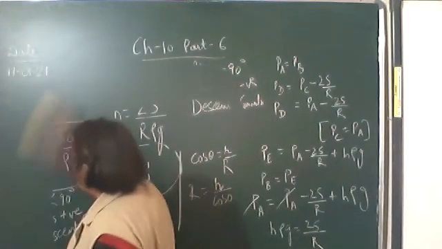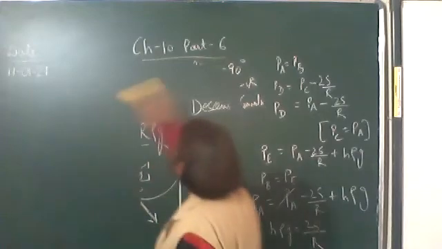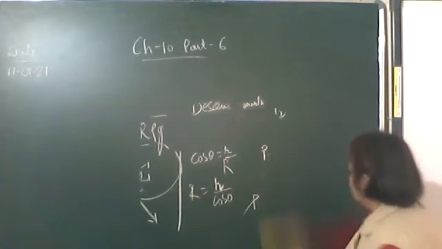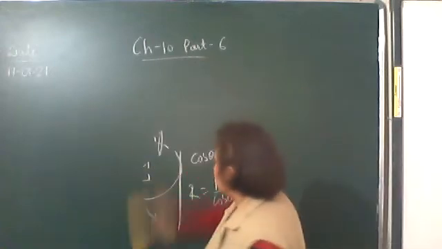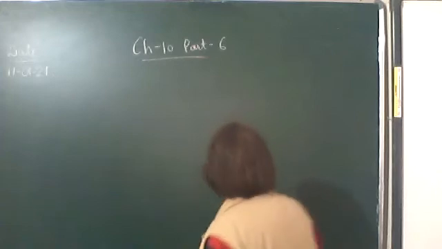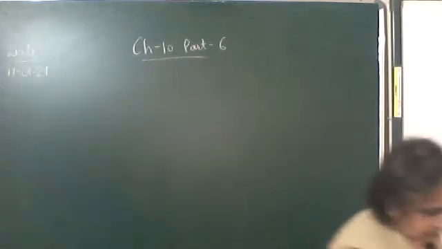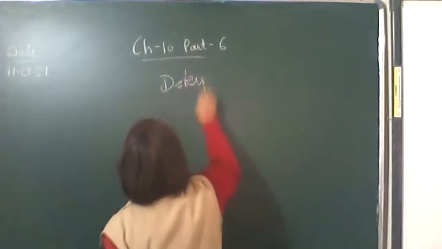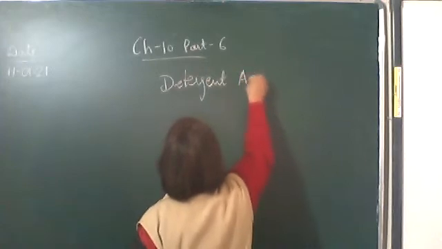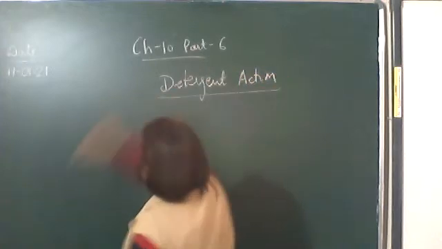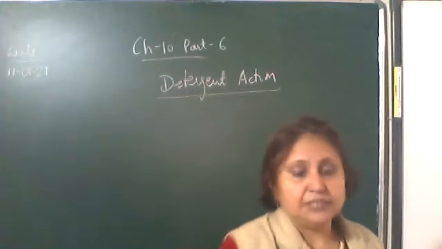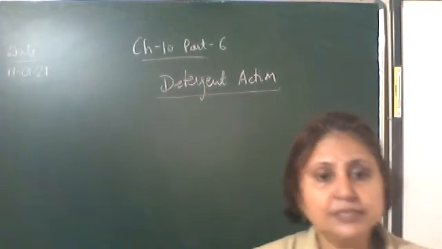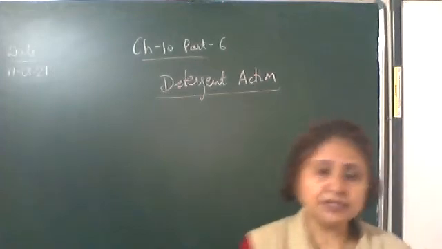One last topic of surface tension, and after that we will start viscosity. The chapter is the same only. So, the last topic of surface tension is detergent action. How can detergent water clean up stained cloth, greased cloth?